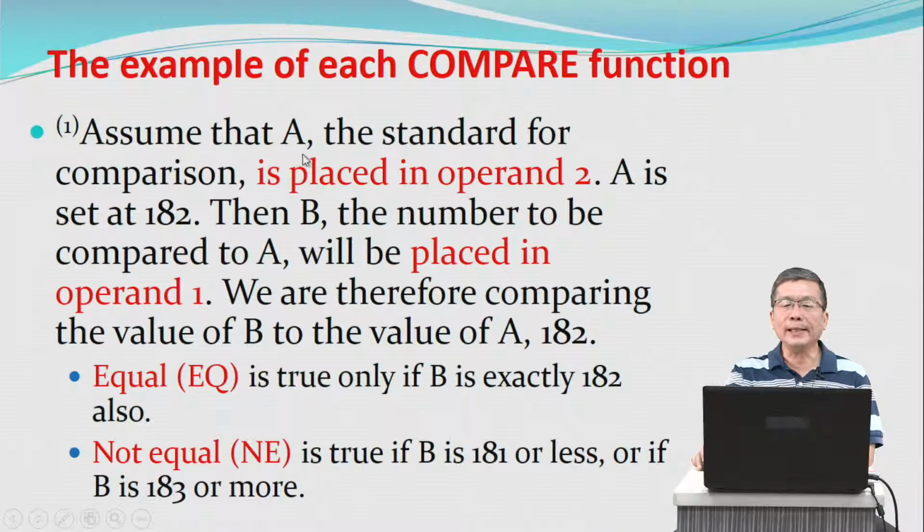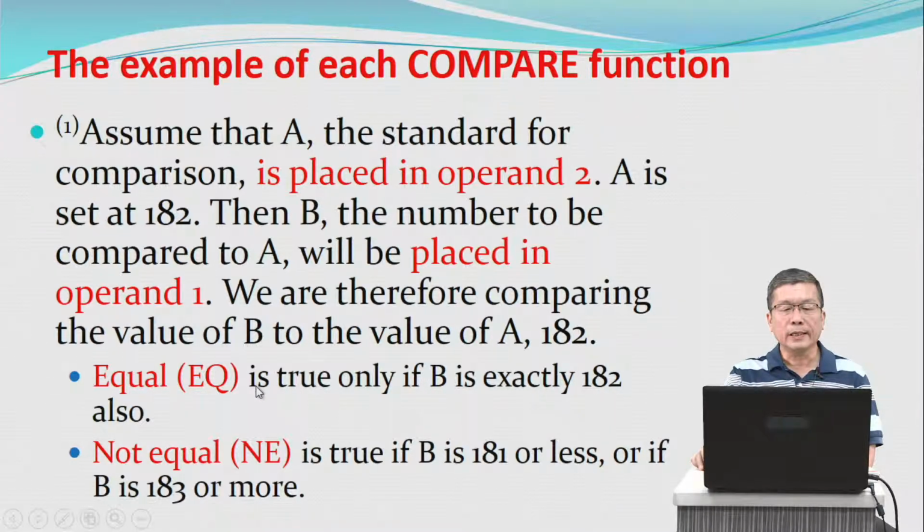Assume that A, the standard for comparison, is placed in operand 2. A is set at 182. Then B, the number to be compared to A, will be placed in operand 1. We are therefore comparing the value of B to the value of A, 182.